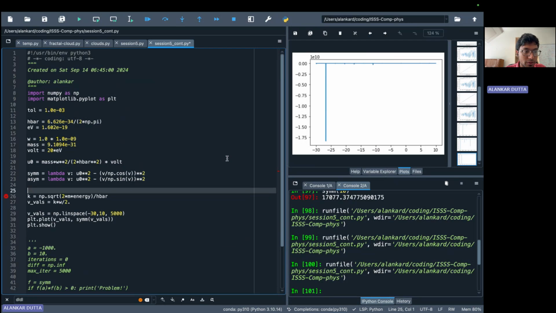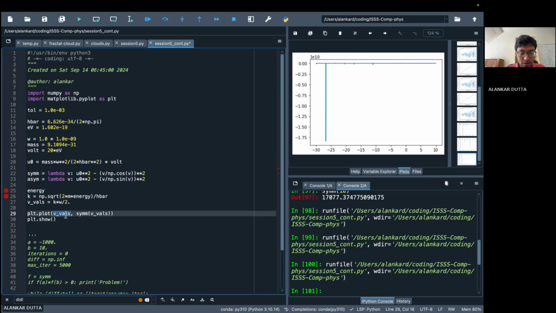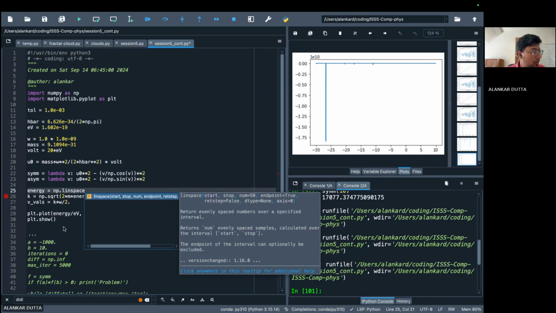So let's have some energies, so that the energy values are more realistic and we have a feel for it. That's why I was trying to do something with energy. Okay, so we will have energy in electron volts for sure. So this will be energy in electron volts, using np.linspace.